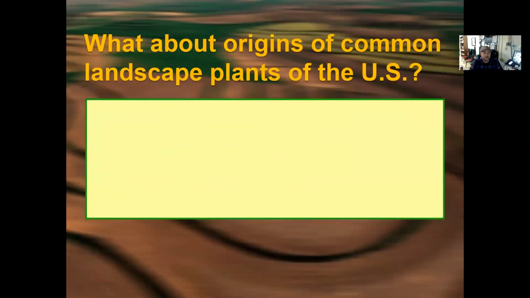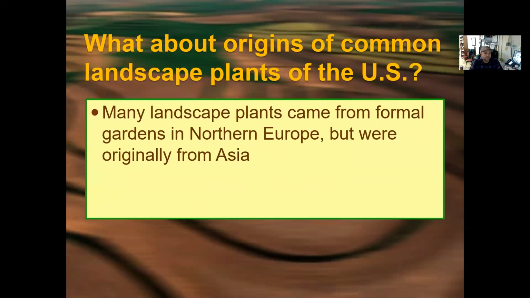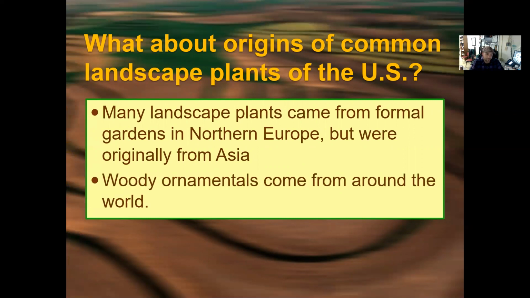So what about origins of common landscape plants in the United States? Many landscape plants came from formal gardens in northern Europe, but were originally from Asia. Woody ornamentals come from around the world. So the United States is a little bit of a melting pot whenever it comes to different types of plants coming from everywhere around the world, or even from in-states coming across the United States.